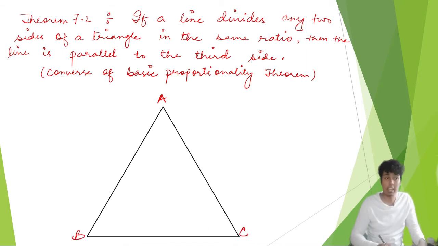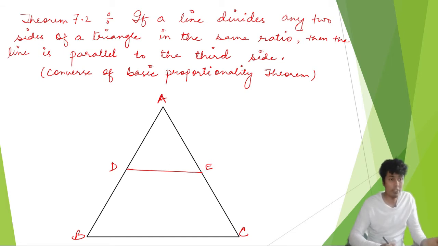Now if a line divides any two sides of a triangle, if a line we have drawn, the line divides any two sides of a triangle. This is the line, DE, we have drawn a line DE.